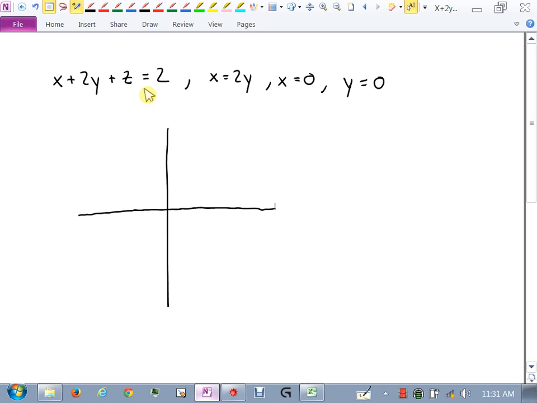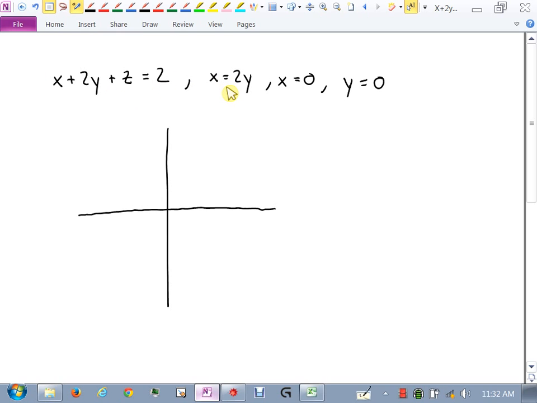It's a plane, right? Remember our old equation for a plane? Ax plus By plus Cz plus D equals 0, equation of a plane. Actually, what's the normal vector for that plane? 1, 2, 1. Not relevant to the problem, I'm just making sure we remember that. That's a plane.